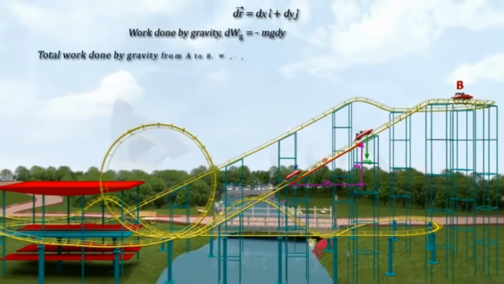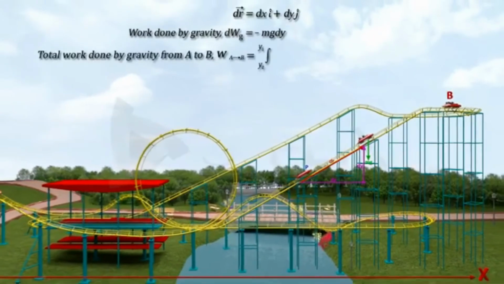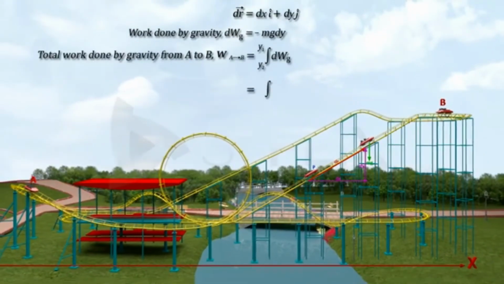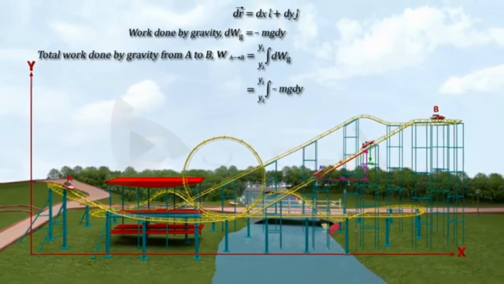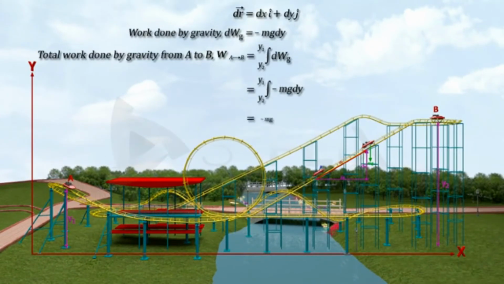The total work done by gravity from A to B is the integral of minus mg dy from y1 to y2, which is equal to mg (y1 minus y2).